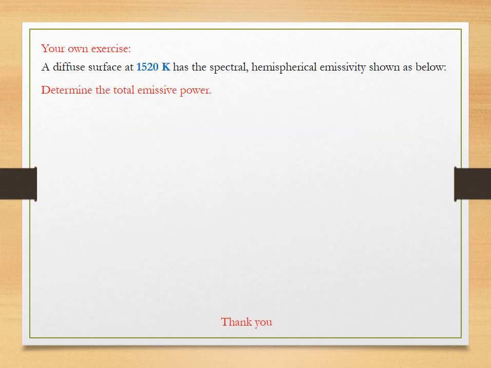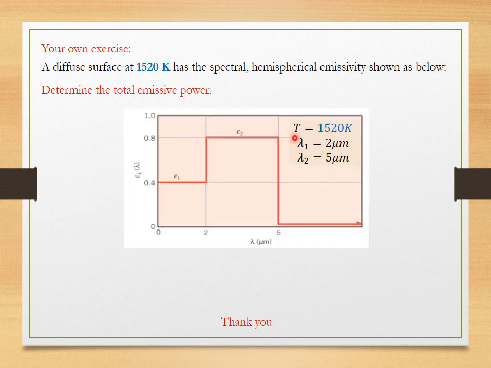So next, this is the most important part. You can try on your own with the same question, just changing the temperature value from 1600 Kelvin to 1520 Kelvin. The rest remains the same, which is lambda 1 2 micrometer, lambda 2 5 micrometer.